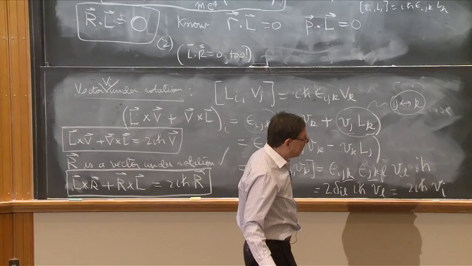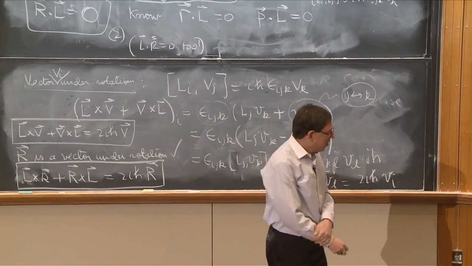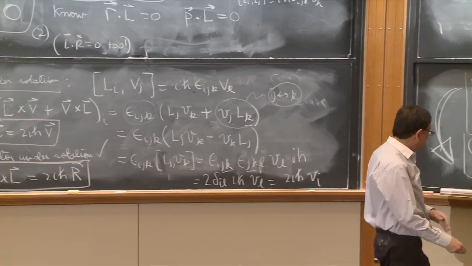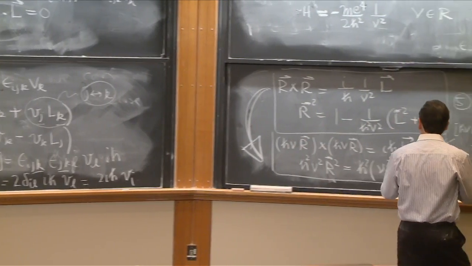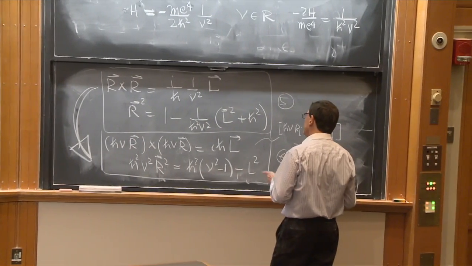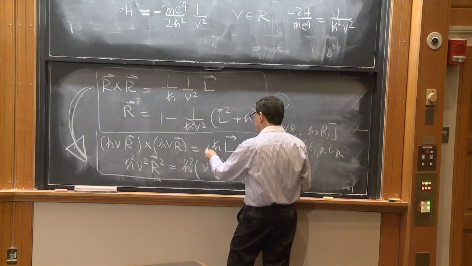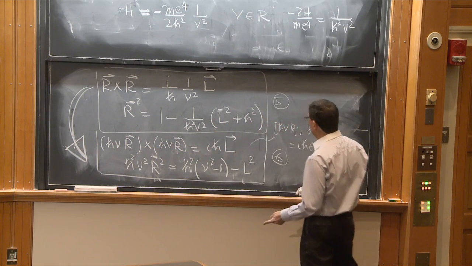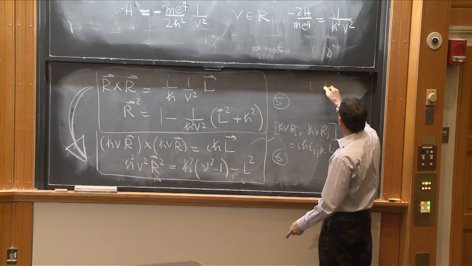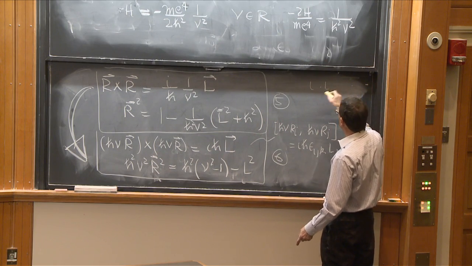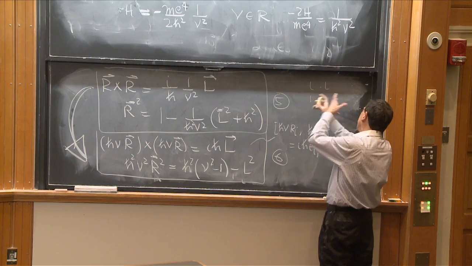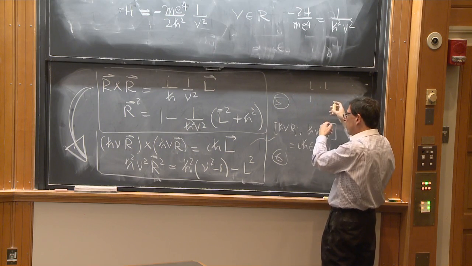Okay, so we're there, and now it should really almost look reasonable to do what we're going to do. H nu r with H nu r gives you like L. So you have L with L form angular momentum. L and R are vectors under angular momentum.